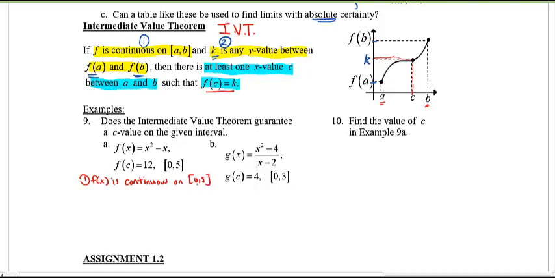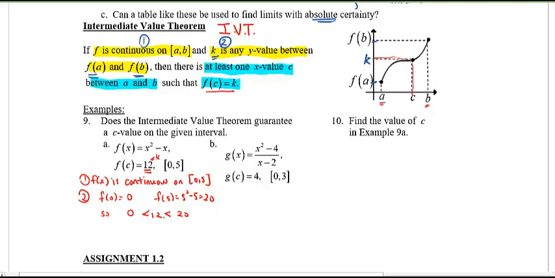That works. Ding! And then we have to show that the k value is between f of a and f of b. Now the k value in this case is actually 12. So let's evaluate f of a. F of 0, of course, is just 0 squared minus 0. F of 5 would be 5 squared minus 5. That's 20. So yes. So the k value, which is 12, is definitely between f of a, which is 0, and f of b, which is 20.